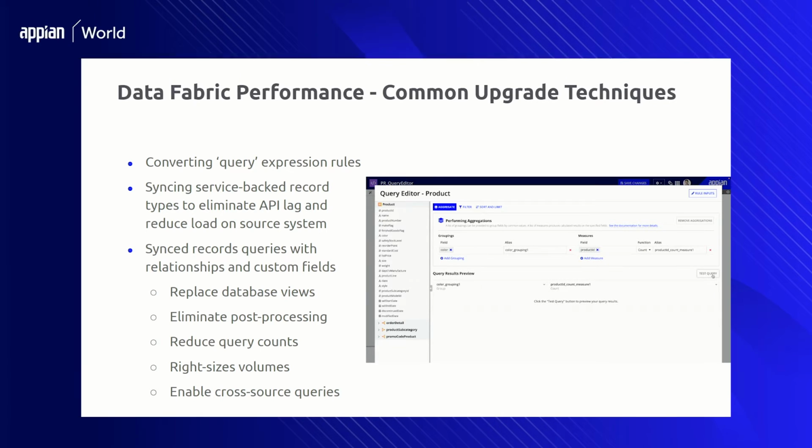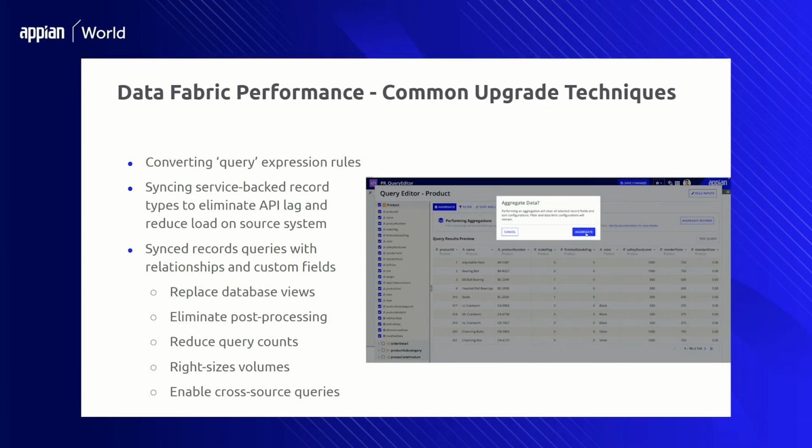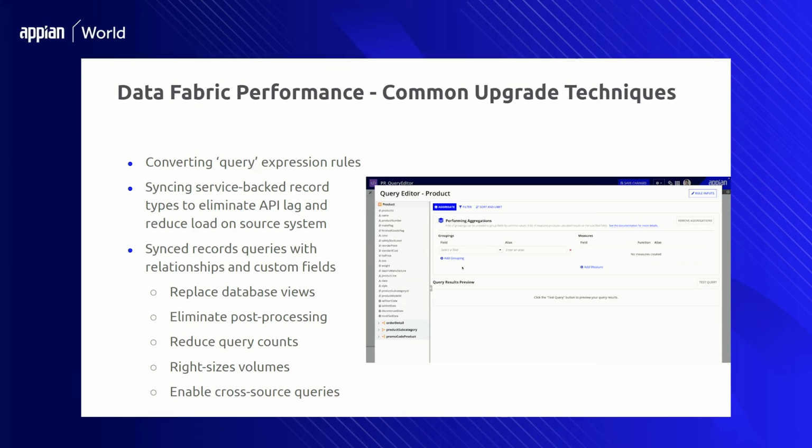And if we have cross-source queries where you need data from multiple systems, a lot of the analytical tools that are out there will query all of that, bring it all in, do a lot of post-processing and provide it to you. It's very, very slow. In Appian, because we sync it into our database, into our data service, that becomes much, much faster.